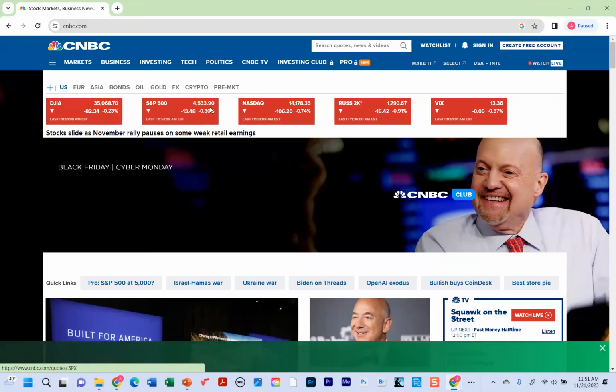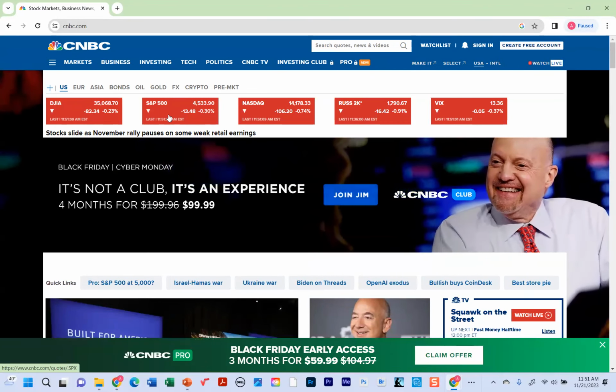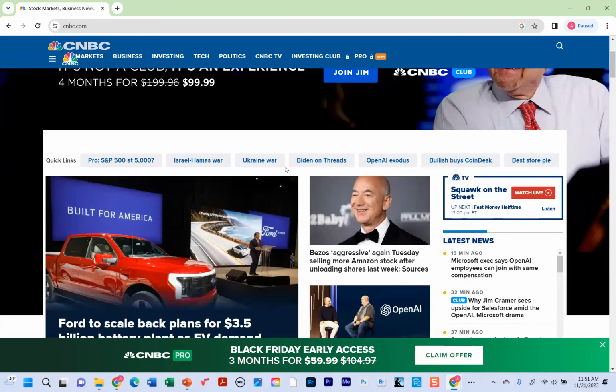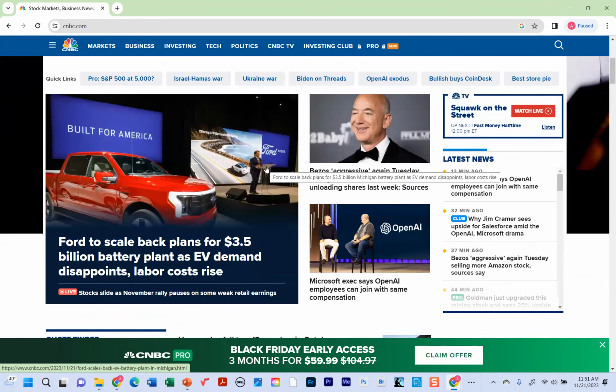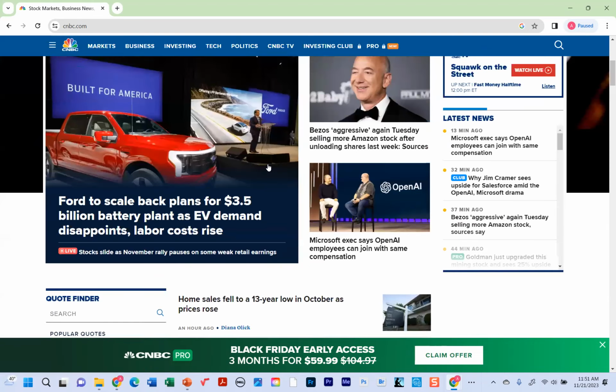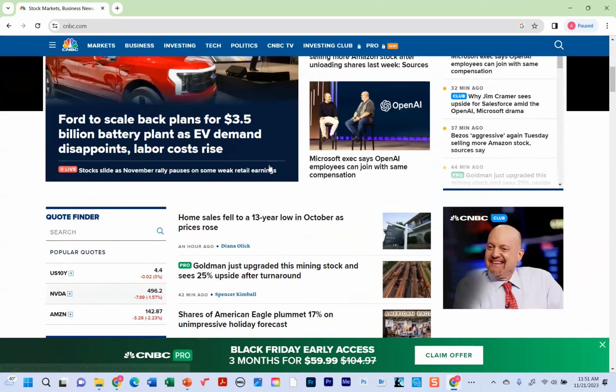Well, the red means not good, but if you notice right now, it's selling for $4,533.90. It's down $13. That's not such a big deal. The Dow is down a little bit. The NASDAQ is down a little. It means the market's having a slow day, which is not unusual just before a holiday. You can't really read anything into that.